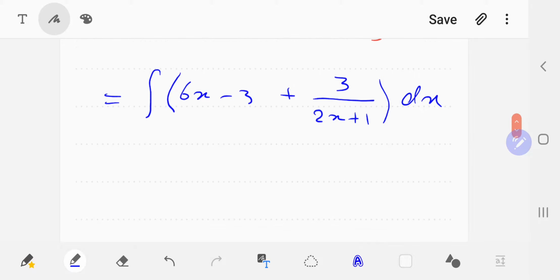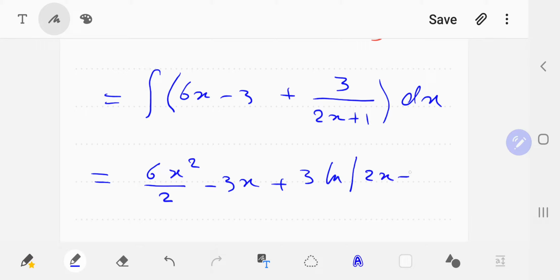Now my integration is ready because I know how to integrate 6x, I know how to integrate negative 3, I know how to integrate 3 over a linear function. So immediately this will be 6x squared over 2 minus 3x plus 3 ln absolute value of 2x plus 1, and of course don't forget to divide by 2, all plus a constant c.